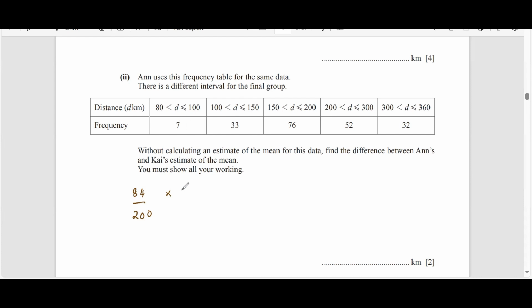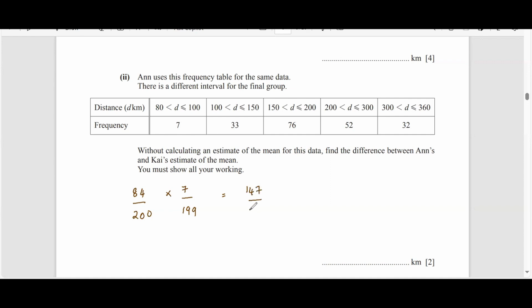Below 100 kilometer means it is 7 over 199, as we now have only 199 cars. So 84 into 7 divided by 200 into 199.